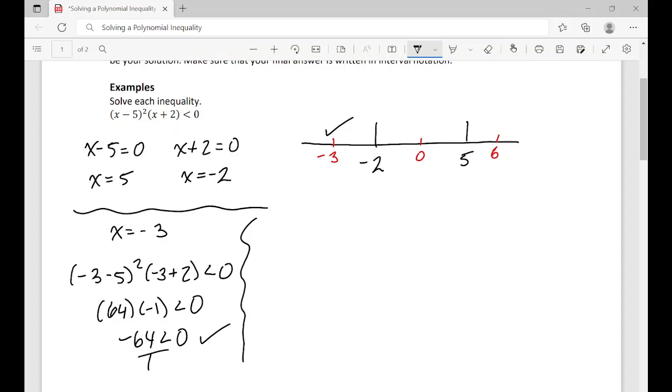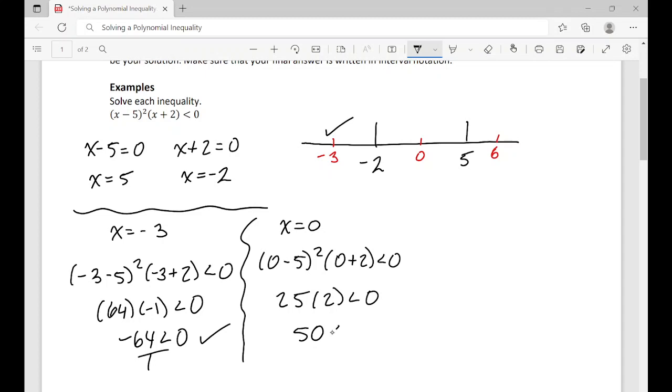Now I'm going to do it again for x equals 0. Plug it in and see if it's true. 0 minus 5 squared, times 0 plus 2, is less than 0. Negative 5 squared is 25, times positive 2, gives me 50 is less than 0. This is false, so everything here is false.